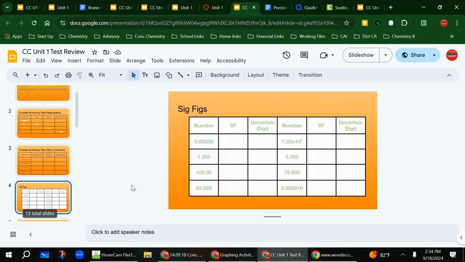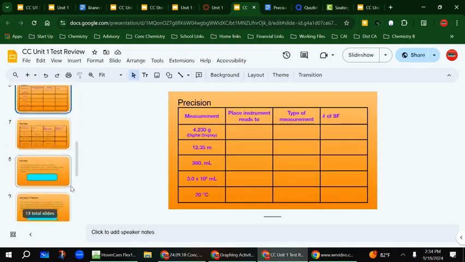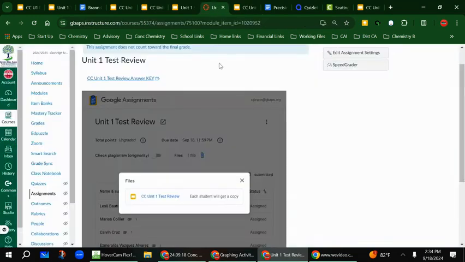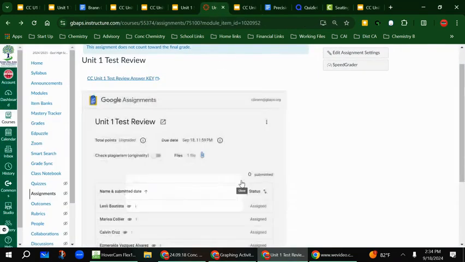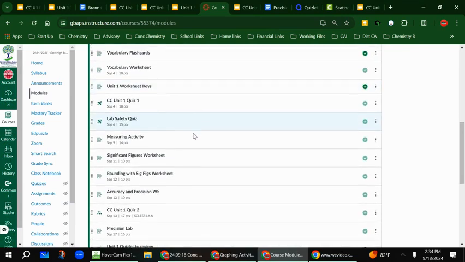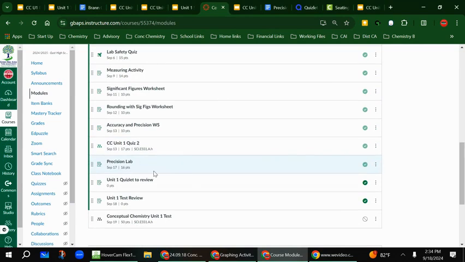The one thing I don't have in here is a lot of definitions. So for your definitions, go back into Google or into Canvas. And we're going to turn this in? No, you do not, sir. It's not graded. Here is a Quizlet that you can use.